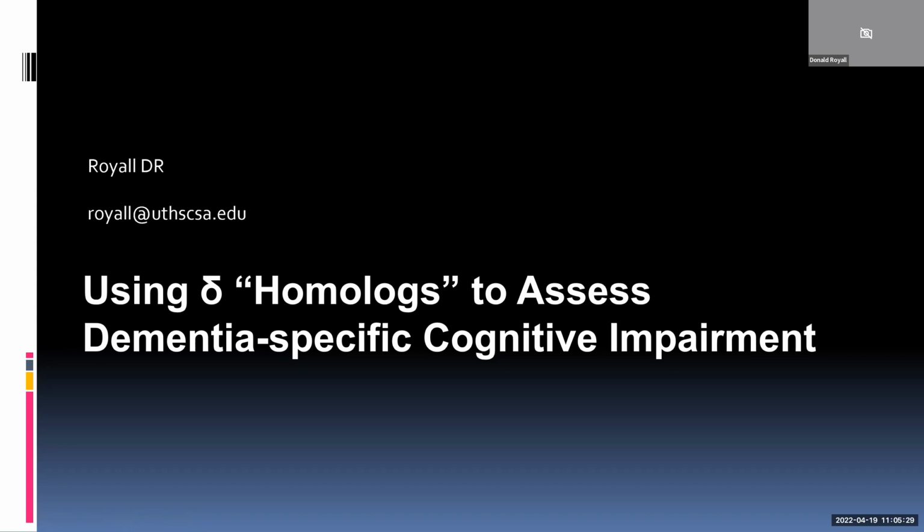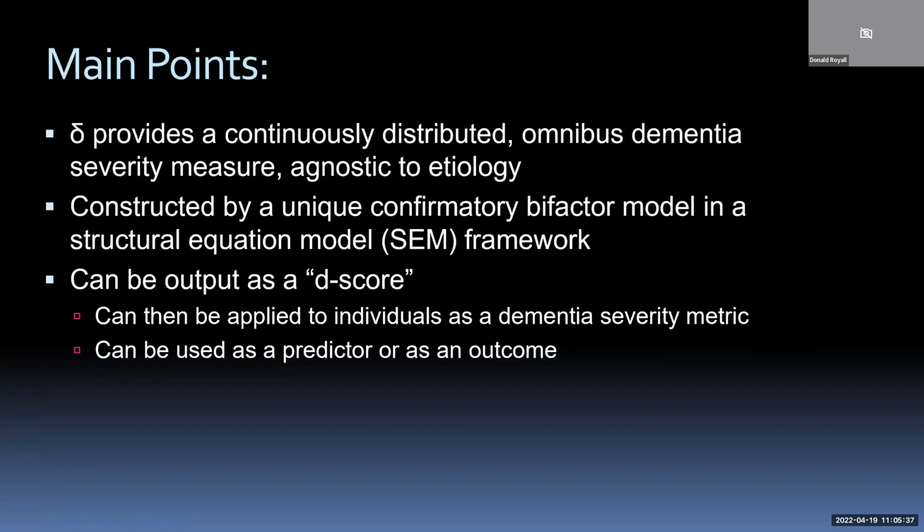So I'm going to be showing you how to use Delta homologs to assess dementia-specific cognitive impairment. The main points here are that Delta provides a continuously distributed omnibus dementia severity metric, which is agnostic to etiology. So I think Delta is dementia's essential feature operating across diagnoses.